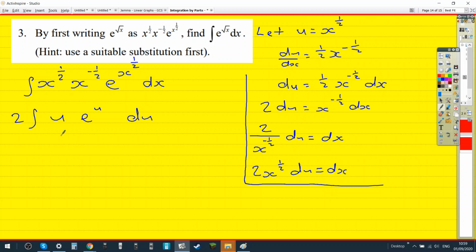So you could do u is u, and so du d something. Oh, integration by parts. Wouldn't it just be du over du because there's only u? dv dx is e to the u.